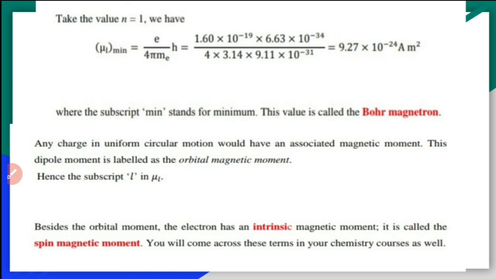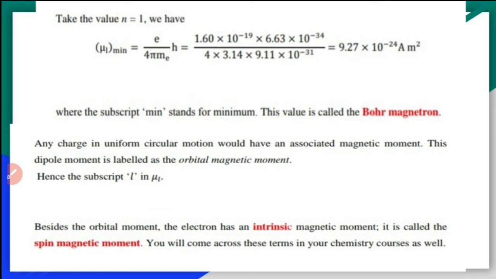All are constants. e is 1.6 into 10 raised to minus 19, h is 6.63 into 10 raised to minus 34, the mass of electron is 9.1 into 10 raised to minus 31, and pi value we know. We get mu L to be 9.27 into 10 raised to minus 24 ampere meter square.